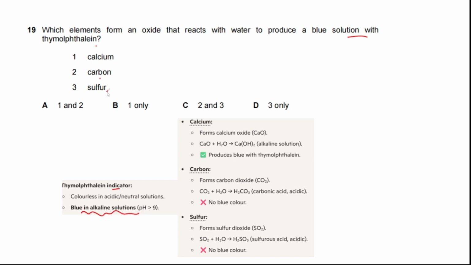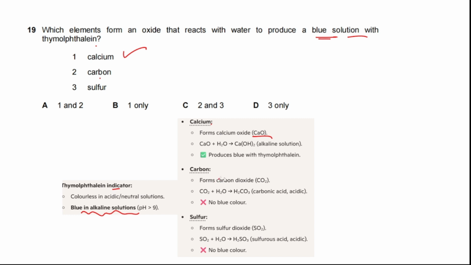We have 3 options given, and you need to get a blue solution when the oxide reacts with water. For calcium, it will form calcium oxide, which forms an alkaline solution. In alkaline solution you will get blue. So calcium will give you the blue solution.